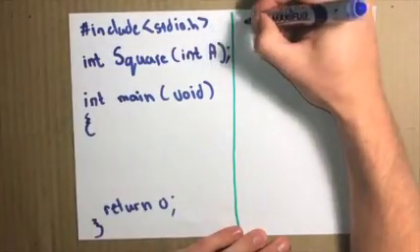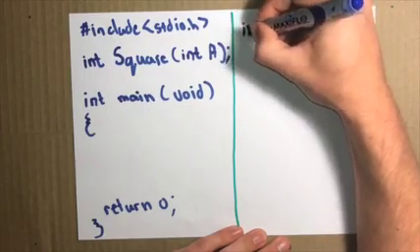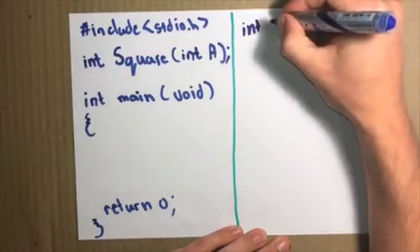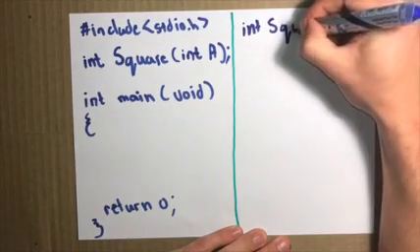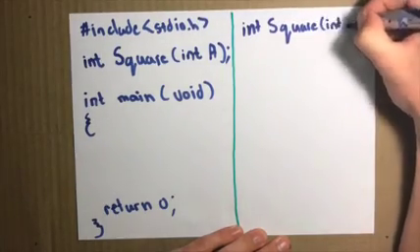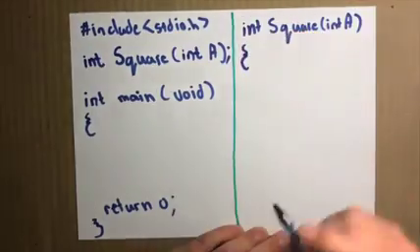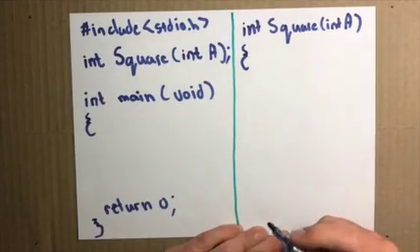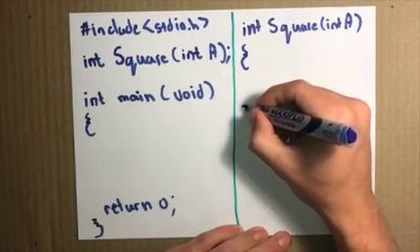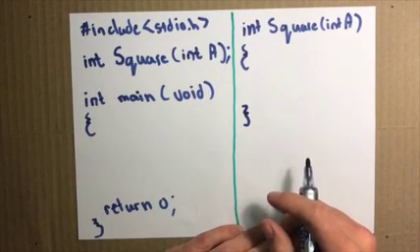So now the function will be after the main, and that function also starts with int square and its parameter int a. Then we start with curly brackets, and we also close the function with curly brackets.